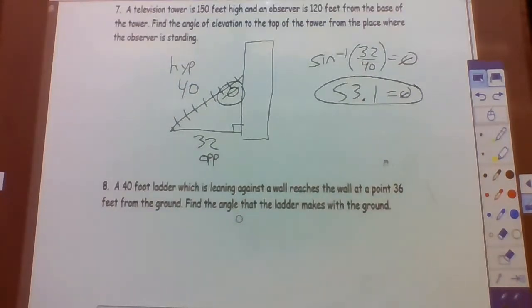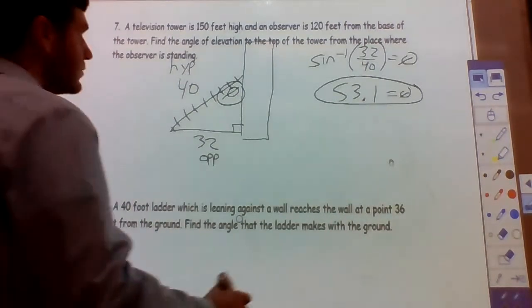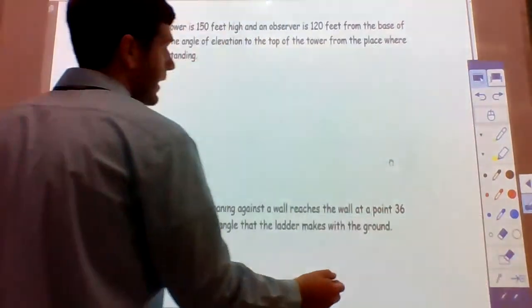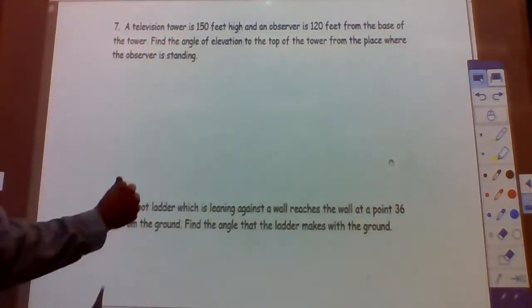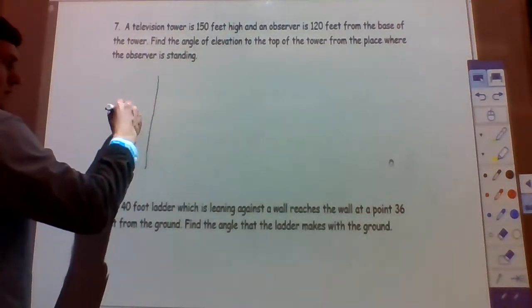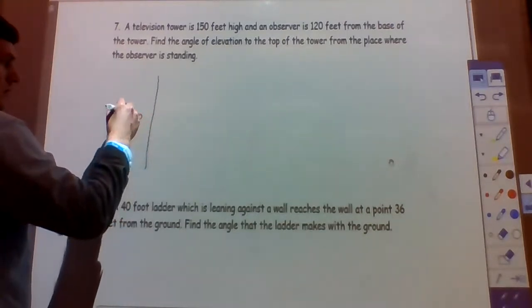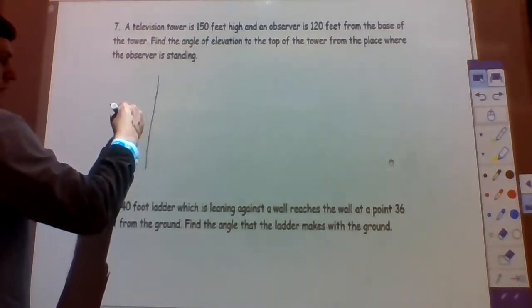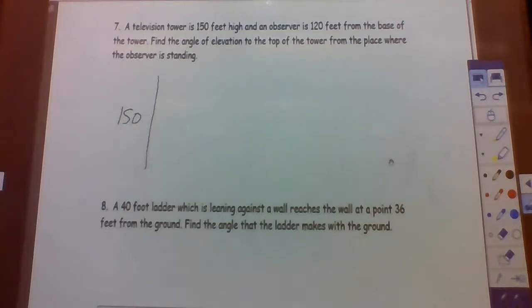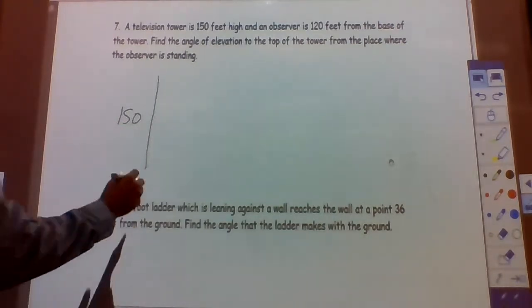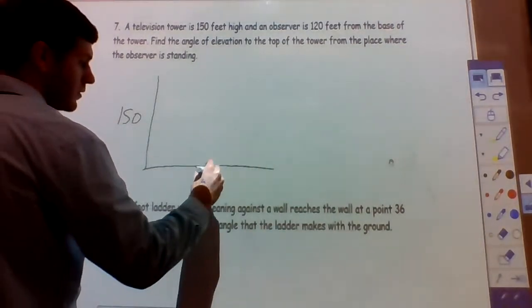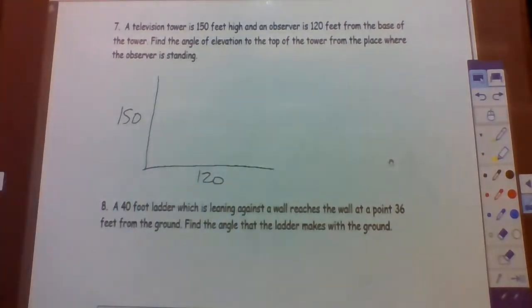Okay, number 7. The television tower is 150 feet high. So again, it's 150 feet up. Okay, and an observer is 120 feet from the base of the tower.